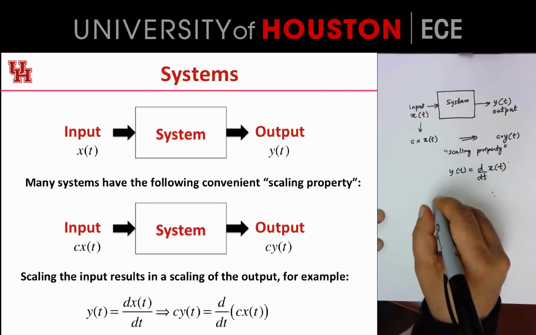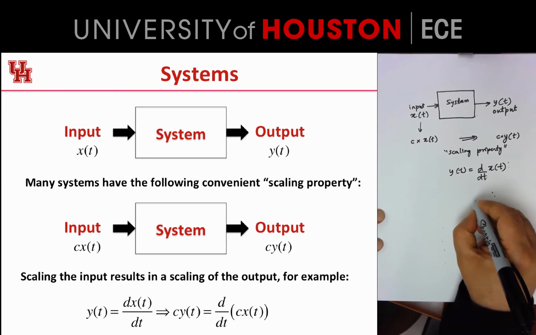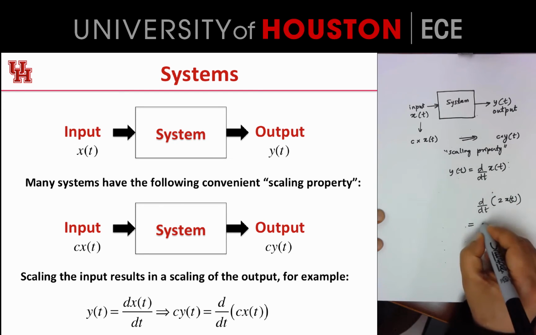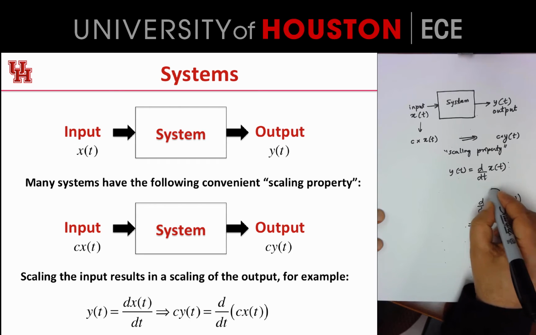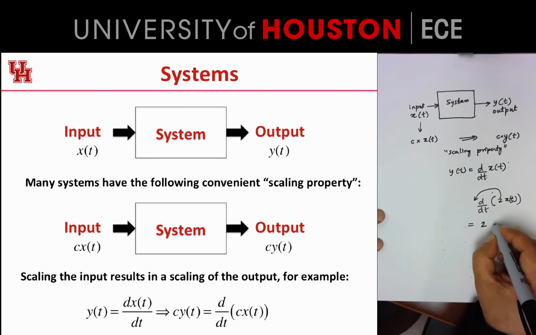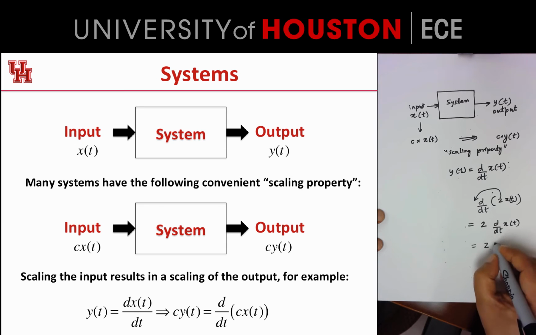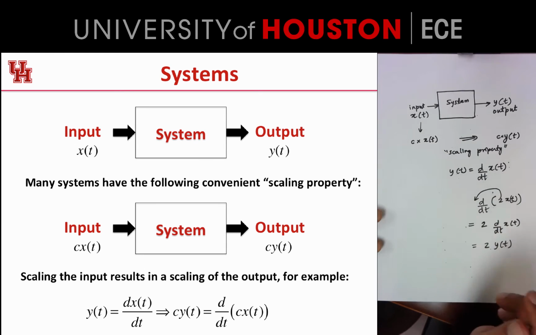So if I have d by dt of 2 times x of t, then that's given by, this constant 2 can be taken outside, so it's 2 times d by dt of x of t, which is basically 2 times y of t. So this simple system is endowed with this nice property of scaling.